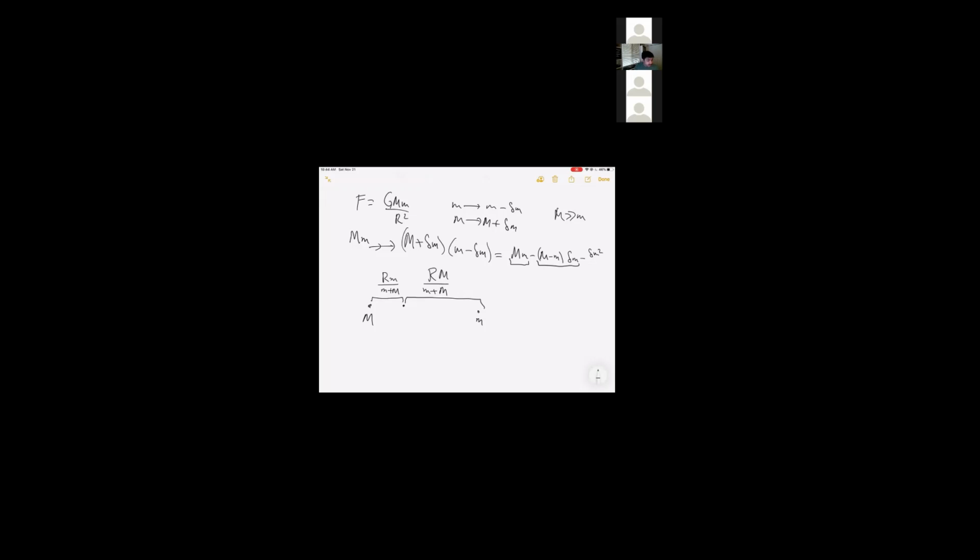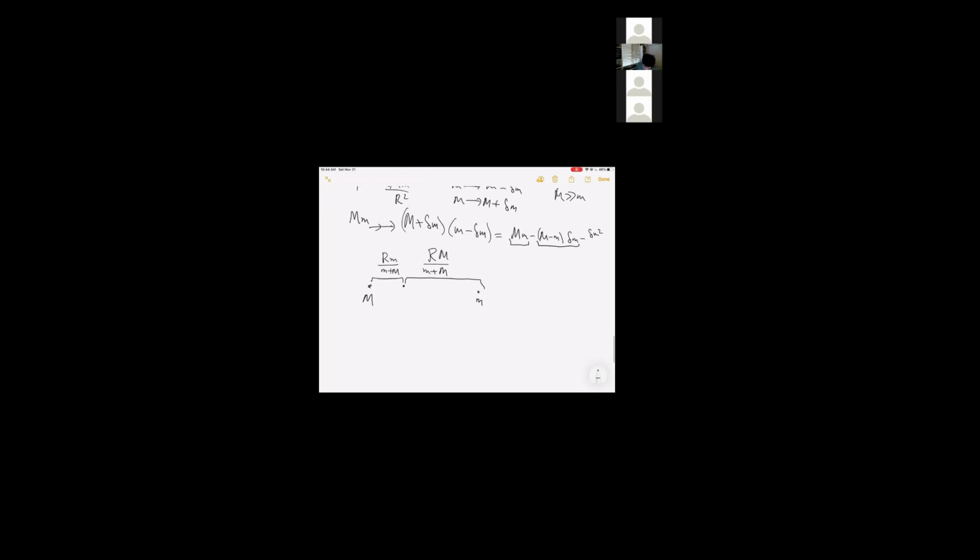Now, let's say the velocity here is v1, and the velocity here is v2.